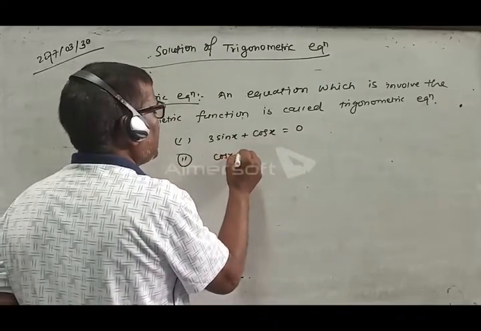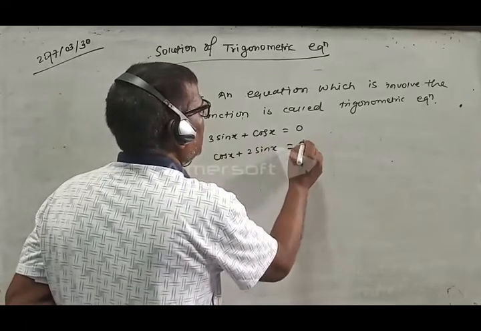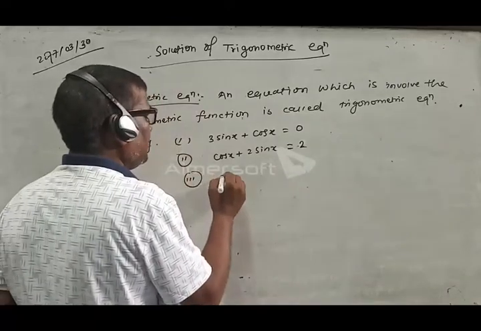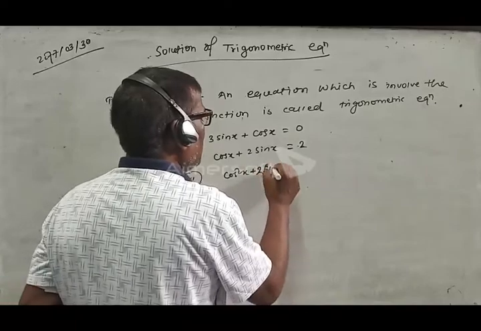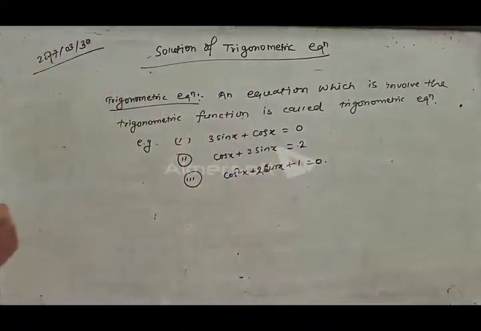Cos x plus 2 sin x is equal to 2 is also a trigonometrical equation. Cos square x plus 2 cos x plus 1 is also a trigonometrical equation.